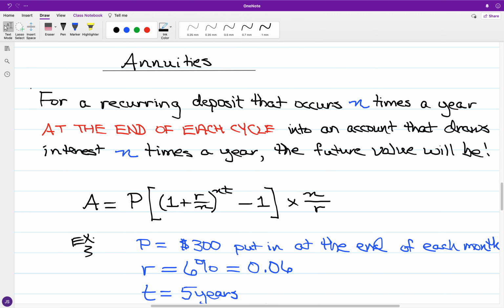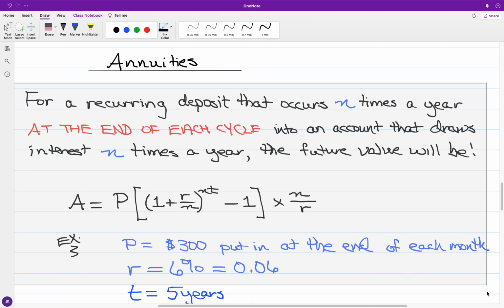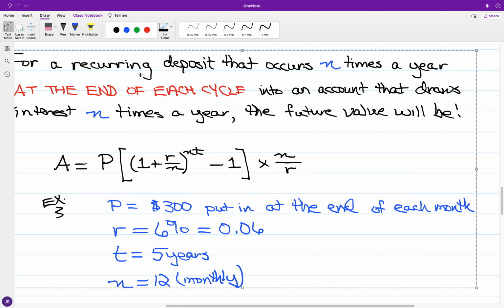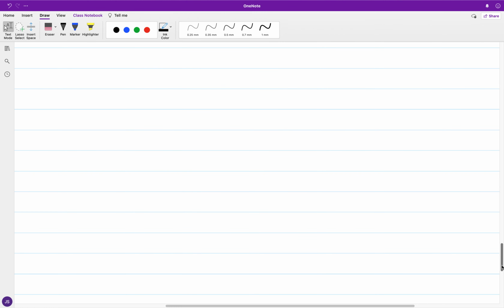So I'm just going to take these parts here and change the terminology.